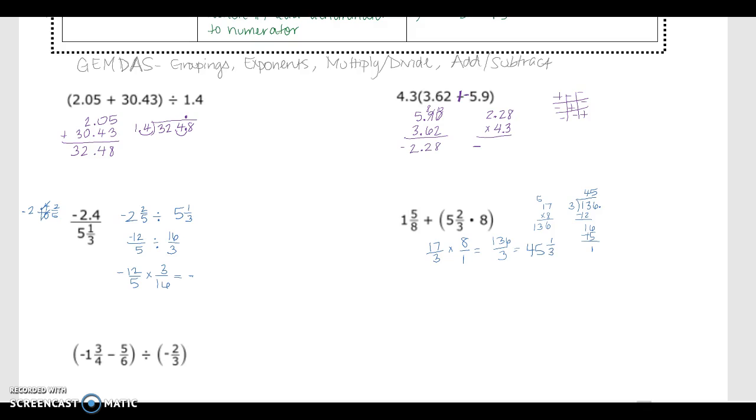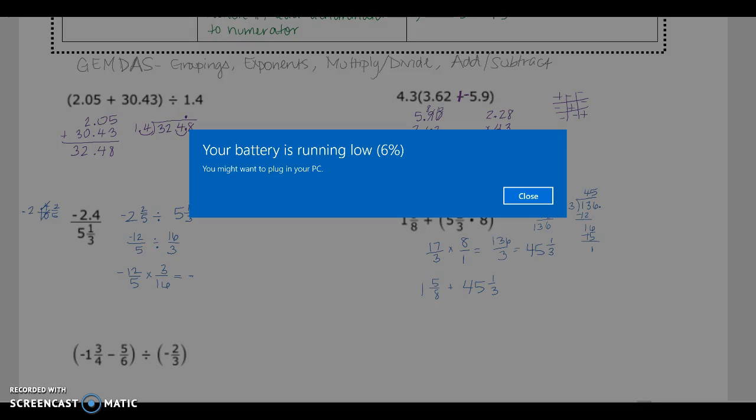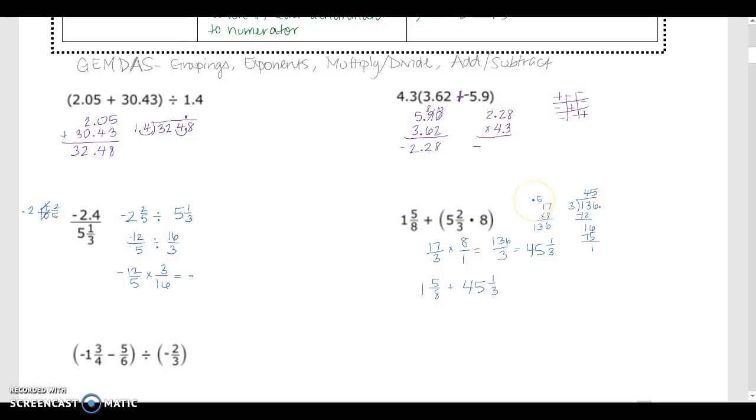So now I have 1 5/8 plus 45 1/3. So I need to find a common denominator. So you want to think about the least common multiple, okay? So I'm thinking about 8 can be 8, 8 times 2 is 16, 24, 32.